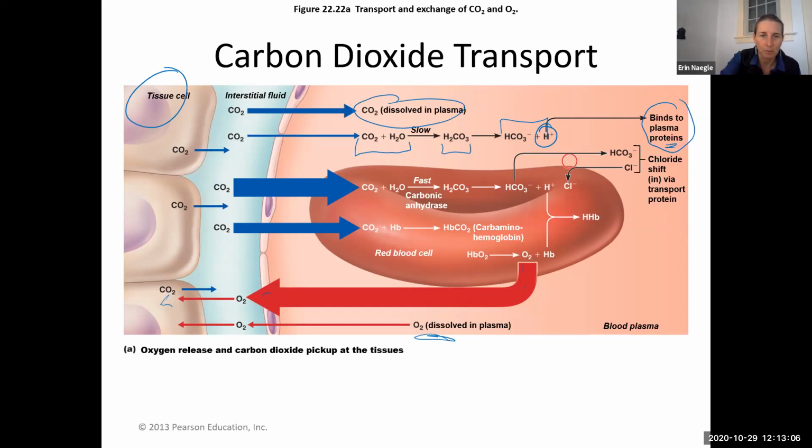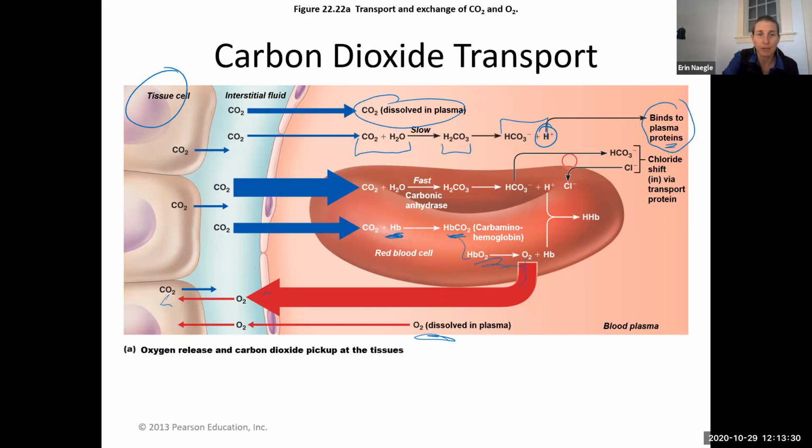One, start with the smaller one: it can bind to hemoglobin. I can reverse it if you want to go over that again. As it binds to the hemoglobin, that helps bump the oxygen off of hemoglobin.